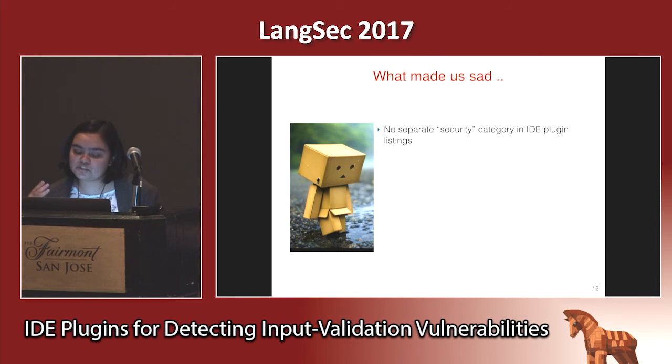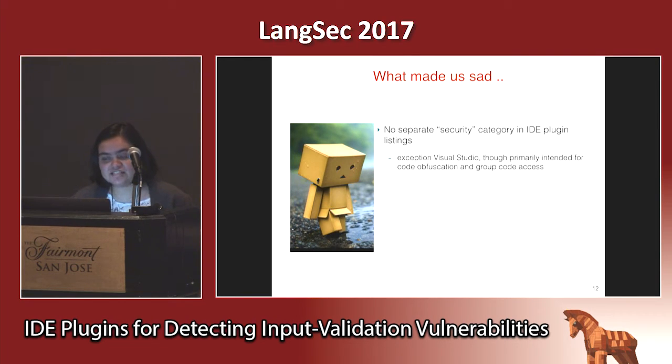The first problem we noticed is that there is no separate security category in IDE plugin listings. So if a developer wants to find security tools, they need to go through a lot of code analysis tools to figure out which one actually provides security functionality. The exception is Visual Studio.